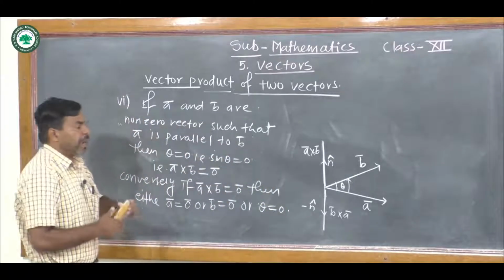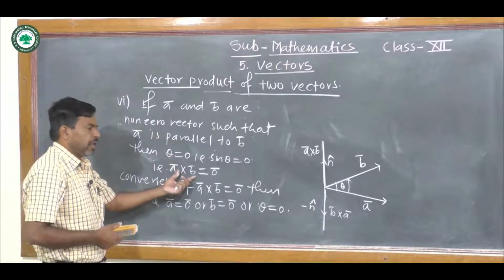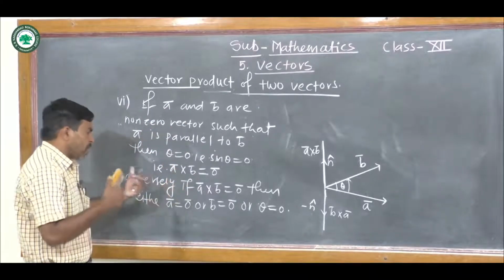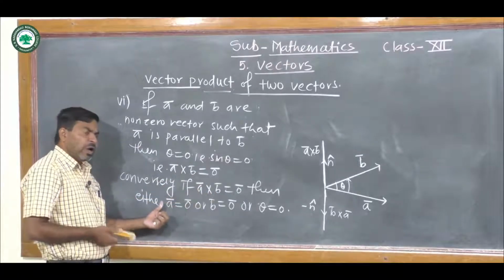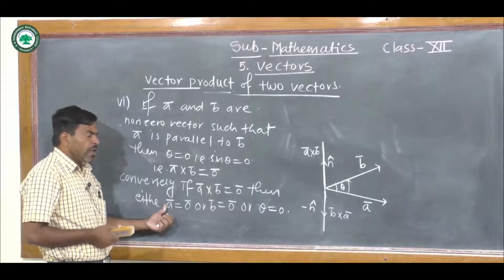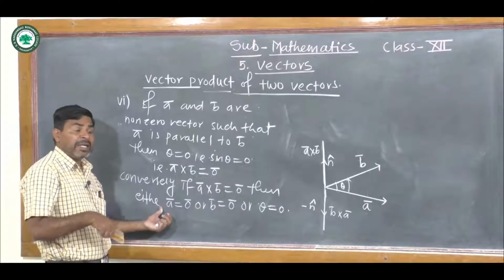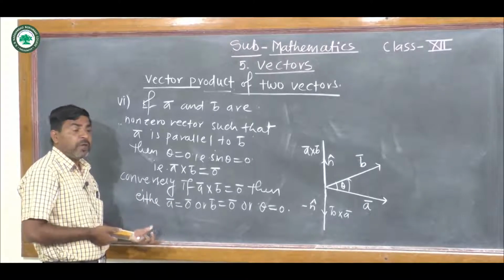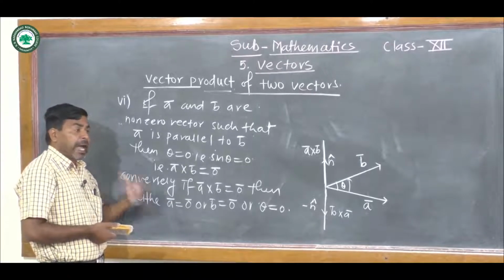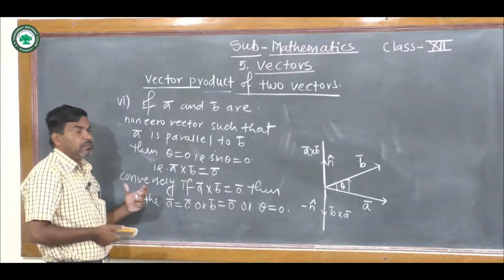See, if A bar and B bar are any two non-zero vectors and they are parallel, then their cross product is the 0 vector. Or if the cross product of any two vectors is the 0 vector, then either one of them is 0 or the angle between them is 0. But if it is given that two vectors are non-zero and their cross product is 0, then it happens only when they are parallel.